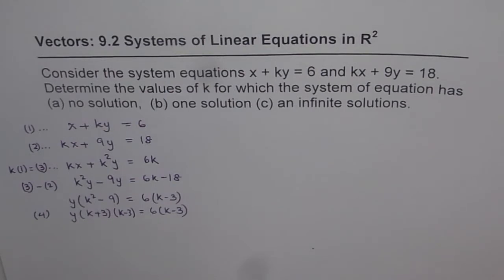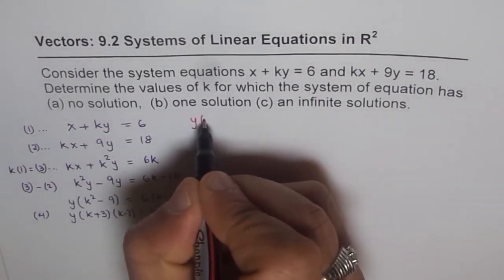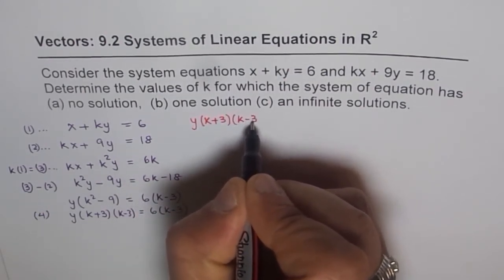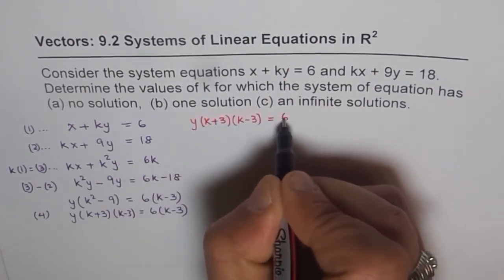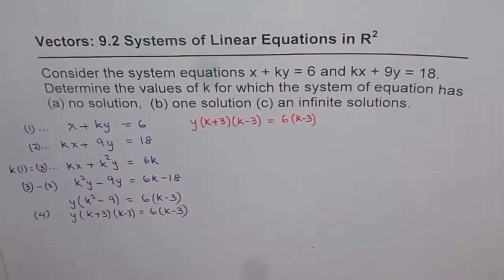Now let's analyze this equation. If I write equation number 4 here, let me rewrite this as y times (k plus 3) times (k minus 3) equals 6 times (k minus 3), right? So this is the equation which we'll try to solve now.